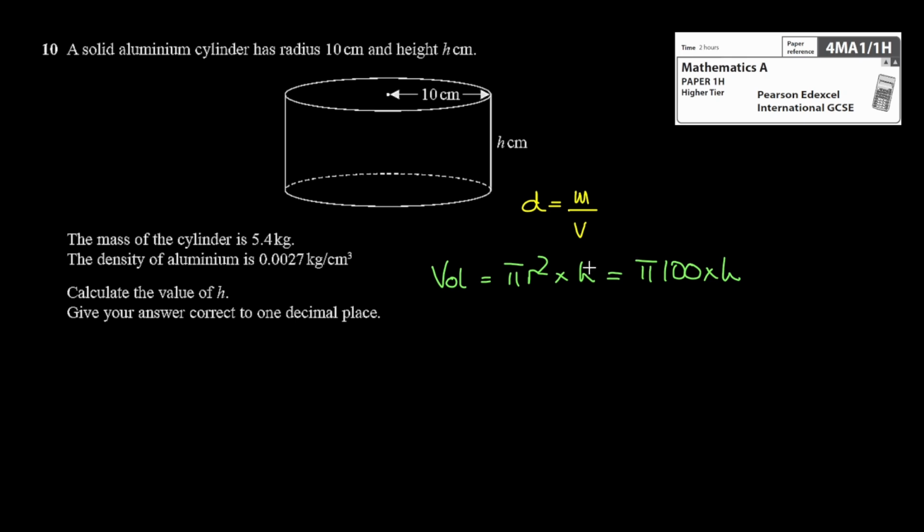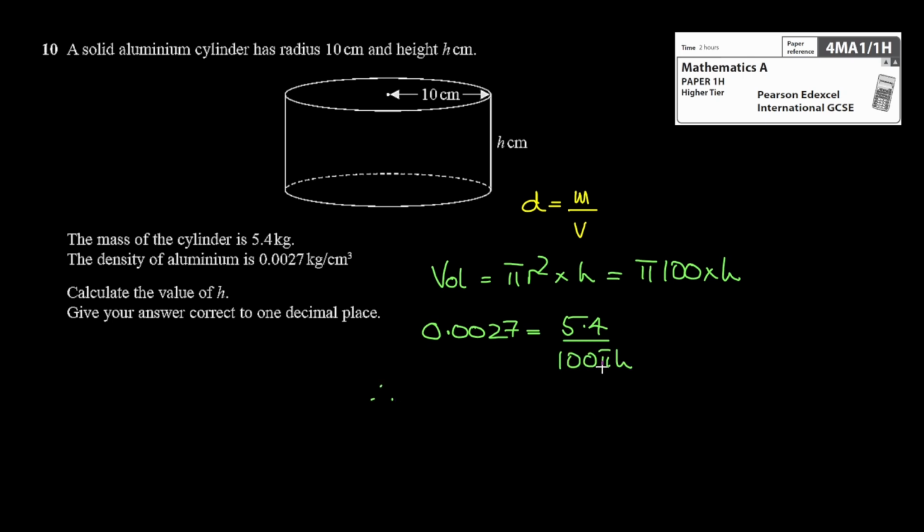So we can plug our values into this equation. I can say that 0.0027 is equal to the mass, which is 5.4, divided by the volume, which is 100 pi h.